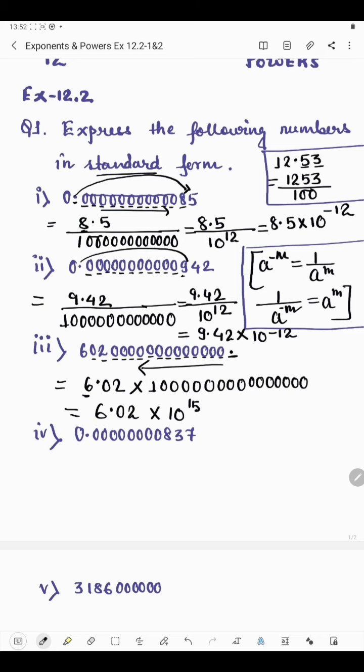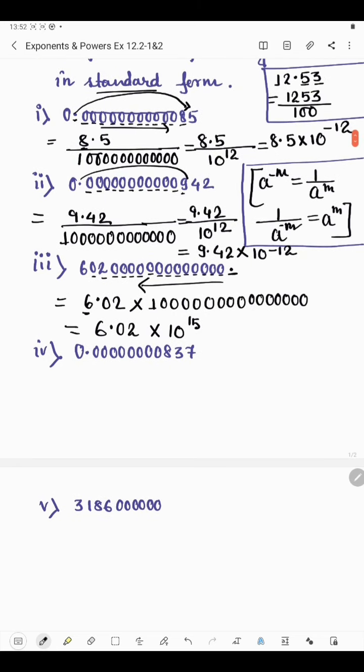Okay. Now in the fourth part we have 0.00000000837. Again we will put the decimal in such a way that before the decimal there will be only one digit, which is 8 here, so it will become 8.37.